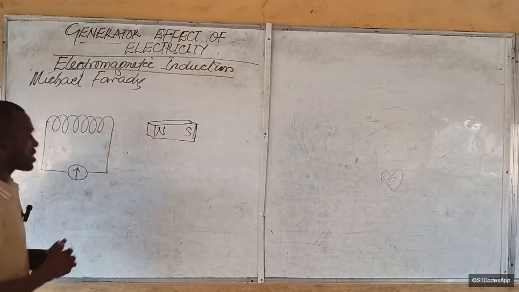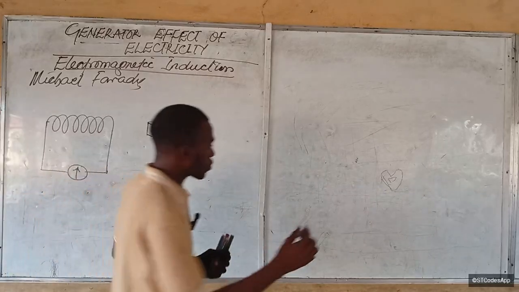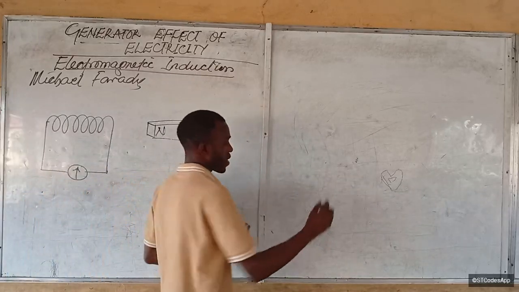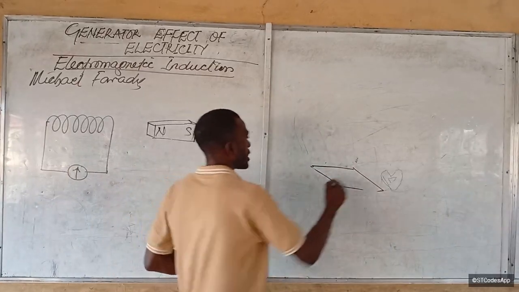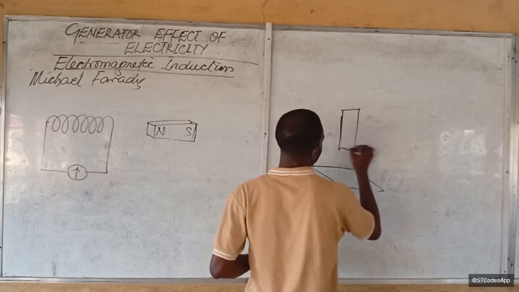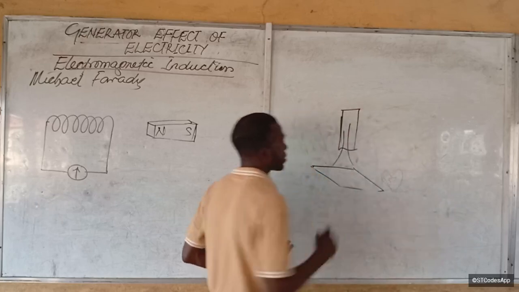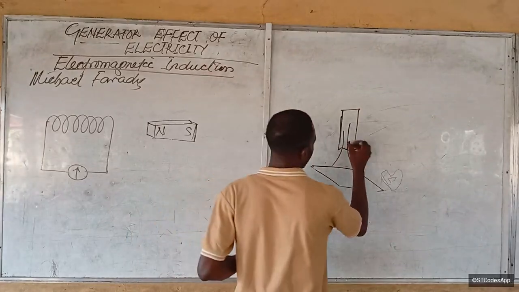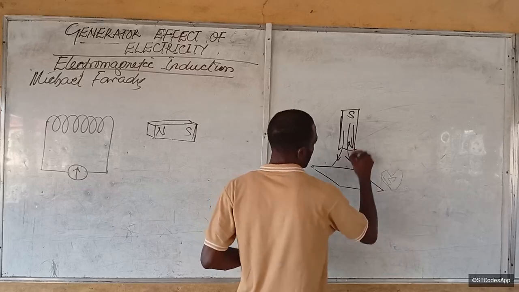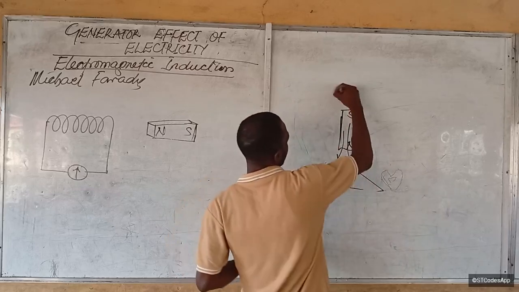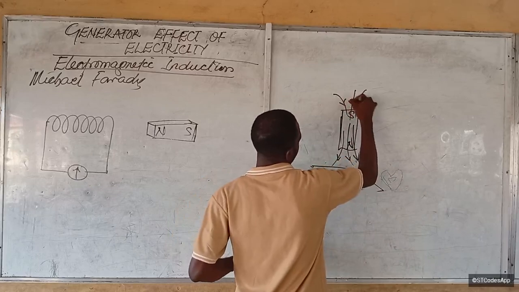So what did he discover? One of what he did was he used a loop of wire. If this was the loop of wire, now he brought a magnet. And you know that magnetic field lines, let's say this was the north and this south, are going to run outward in this way and inward in this way, in this direction.